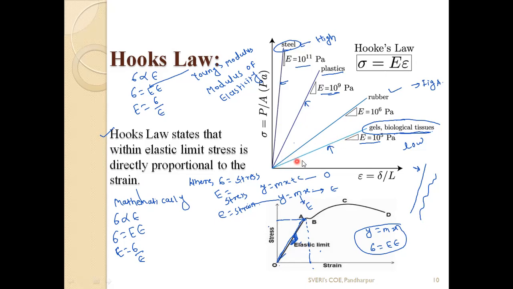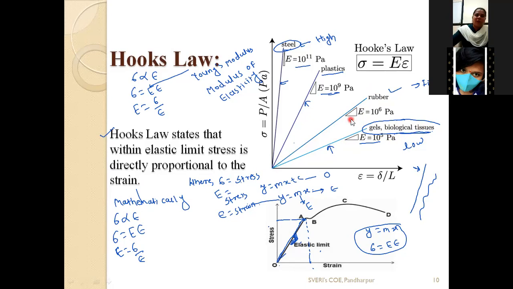Okay. So this first line shows the value of Young's modulus for biological tissue. That is, for biological tissue, the Young's modulus will be 10^5 Pascal. Again, this second line shows the value of Young's modulus for rubber material, which is 10^6 Pascal.